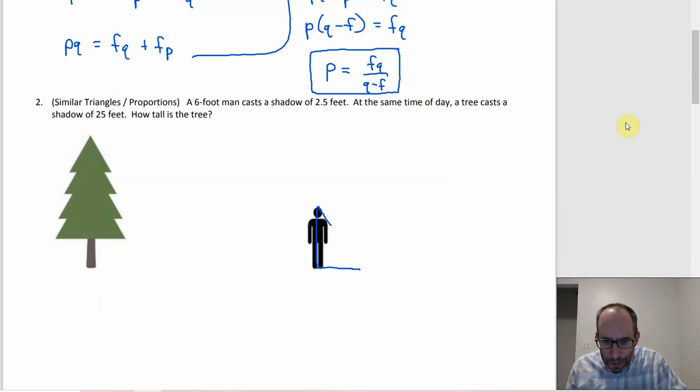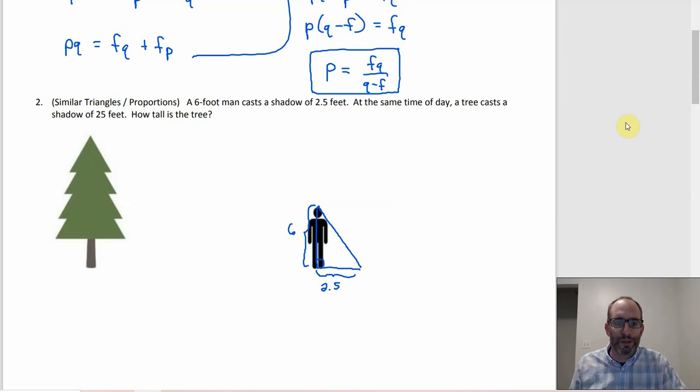So we know how tall he is, and the shadow would go along the ground, right? So you could make a triangle out of that, connecting where the top of his head is to where the end of the shadow is. And so then we know that the shadow is 2.5 feet, and we know his height is 6 feet. And then for the tree, I intentionally kind of picked a tree where it's drawn so angularly that you could actually use the top of the tree to make the triangle.